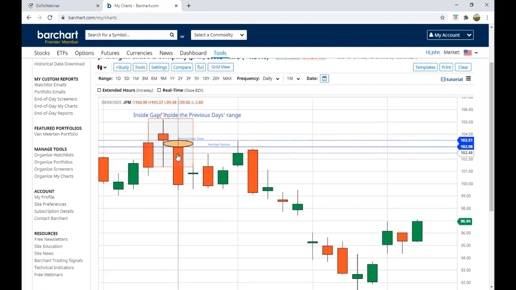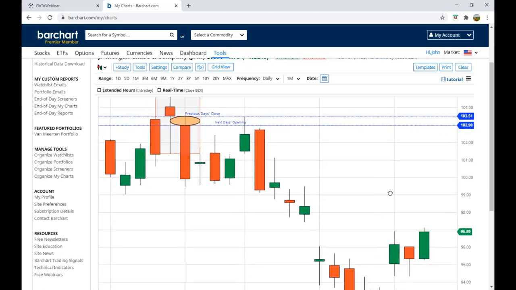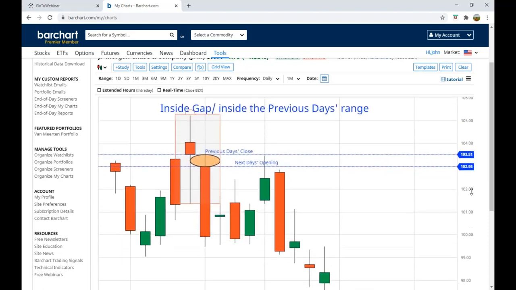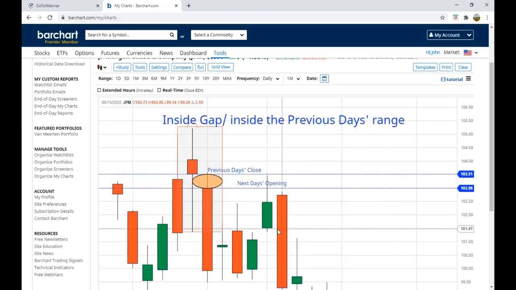And the next day's candle, the next day's trading, opened below the close. And there's a little teeny gap right here. Let me make it a little bigger for you guys. All right. And so here's our opening price.